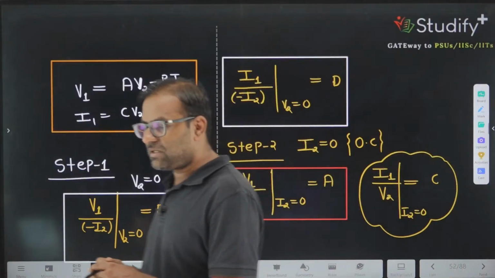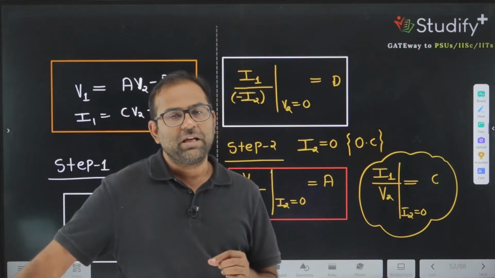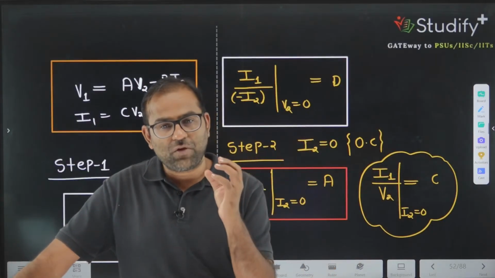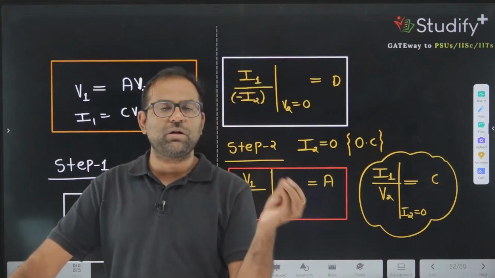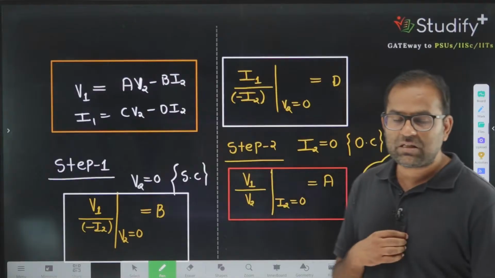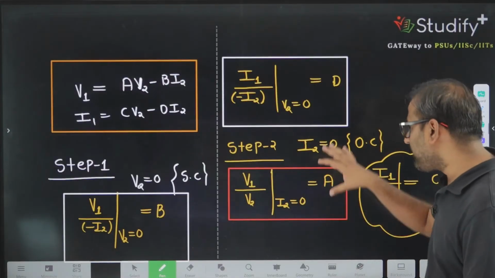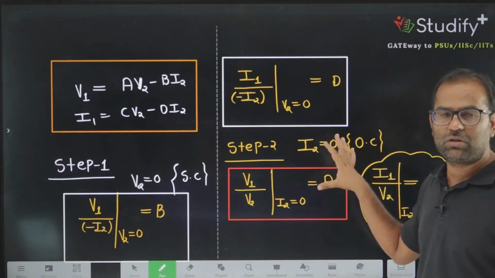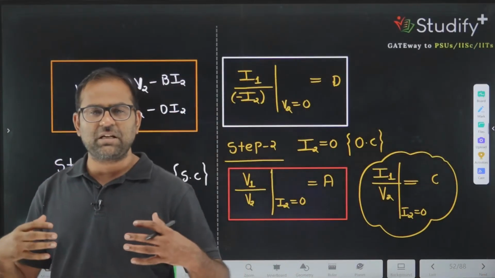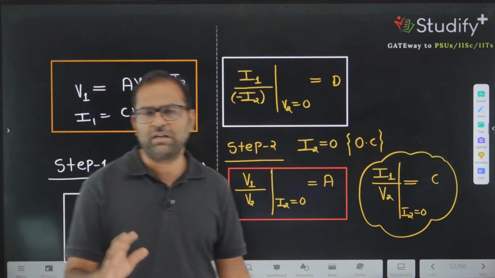This is the first task we need to perform, because that relationship will give you the condition for a symmetric and reciprocal network without any calculation. The next thing is, what is the most important property of the ABCD parameter? When ABCD parameters come in cascade, that gives a multiplicative effect. Let's see these 2 points.